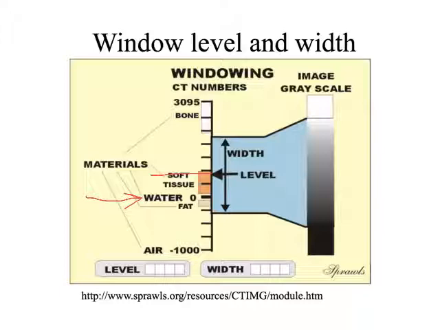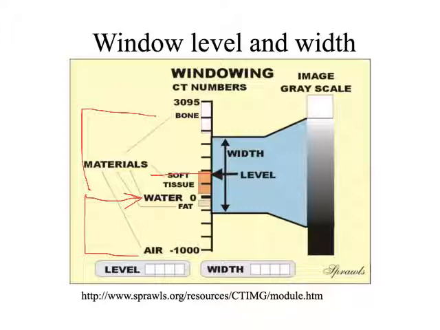Anything less dense than water is going to be in a negative range. Anything with more density than water is going to be in a positive range. So, for instance, on the Hounsfield scale, air is equivalent to negative 1,000, and if we go up to bone, it's equivalent to a positive 1,000 or thereabouts.